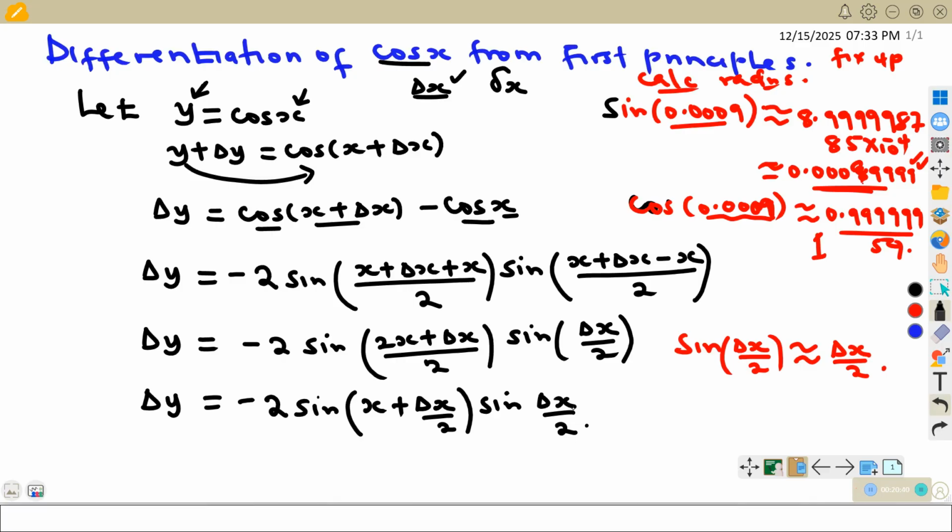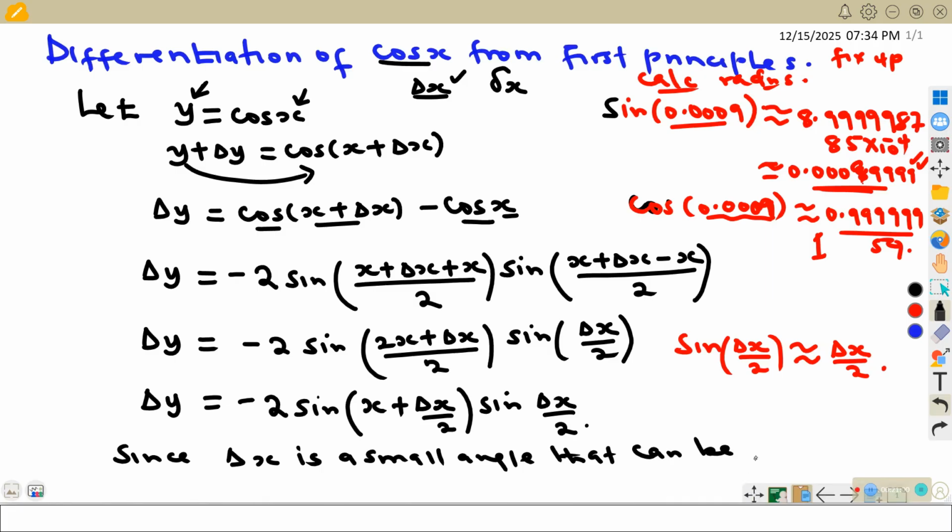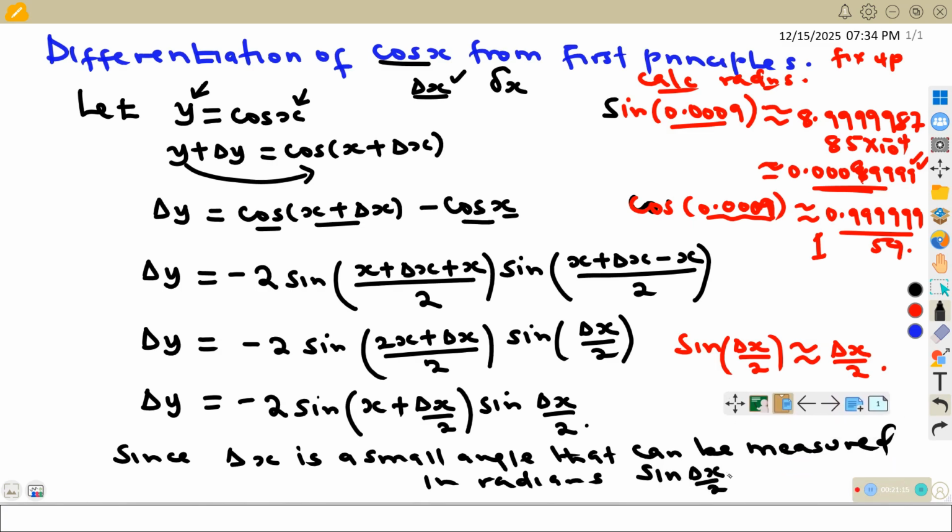So this is the assumption that we shall take here. Since delta x is a small angle that can be measured in radians, then when you take sine of delta x divided by 2, this is approximately equal to delta x divided by 2.